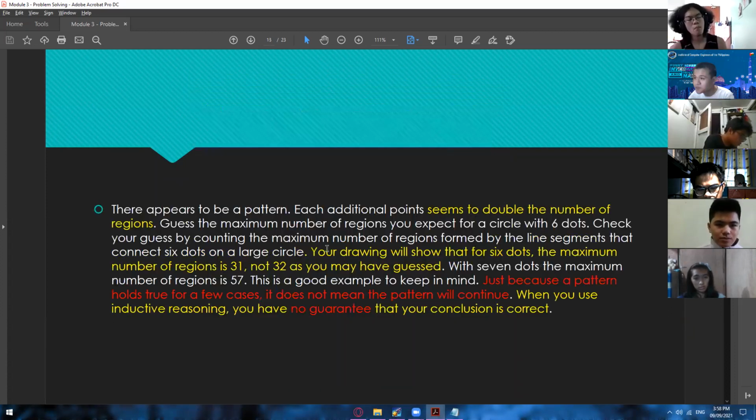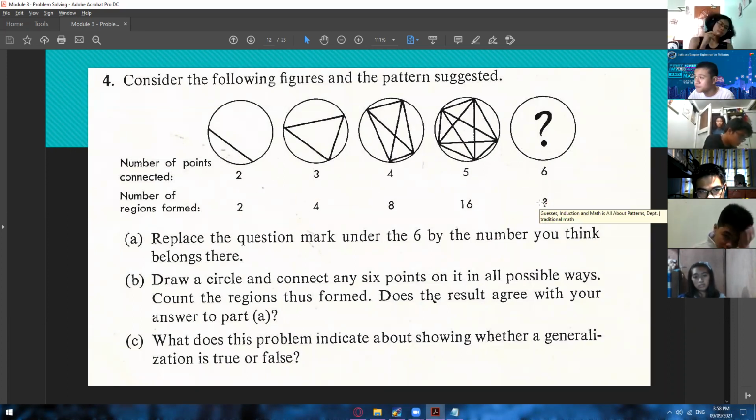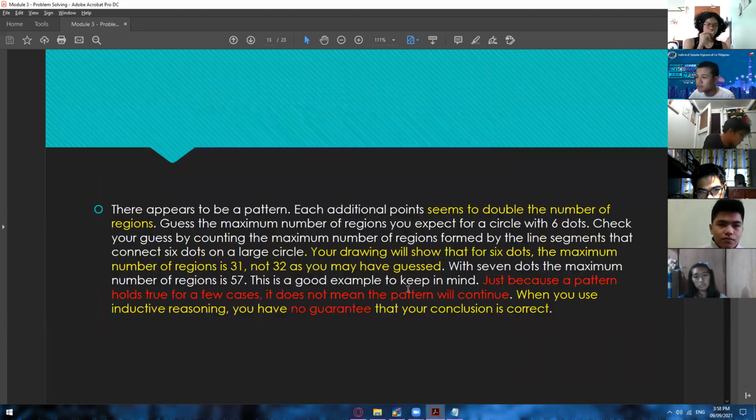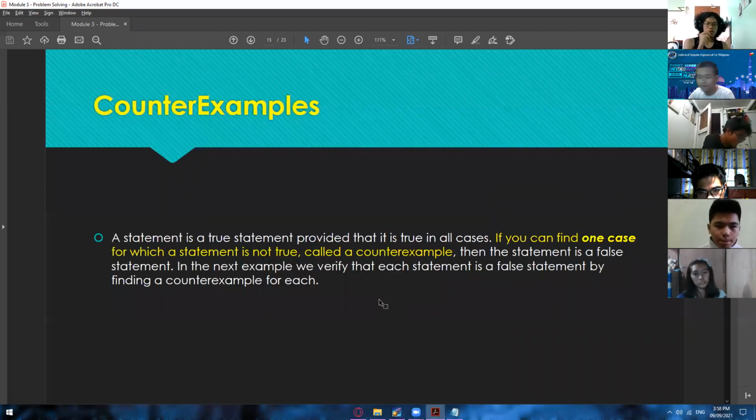Anyway, the one that we have here, since it's the first, second, third, fourth, and fifth, the fifth term is called the counterexample. Yes, it is true for the first 4 terms, but at the fifth term, it is already a counterexample since it made the pattern incorrect.